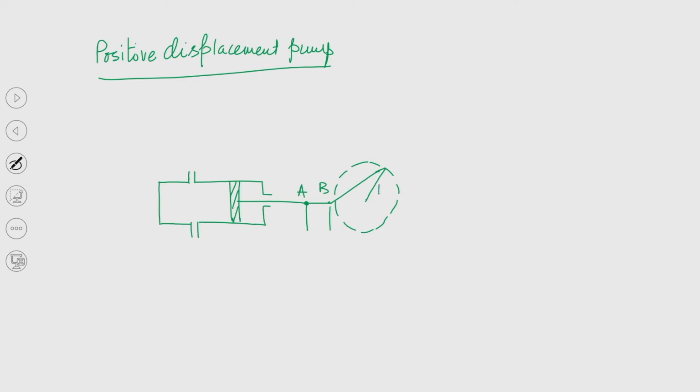This is the crank radius r, this angle is theta, and this is the total displacement. Initially the crank location is over here, as we discussed.